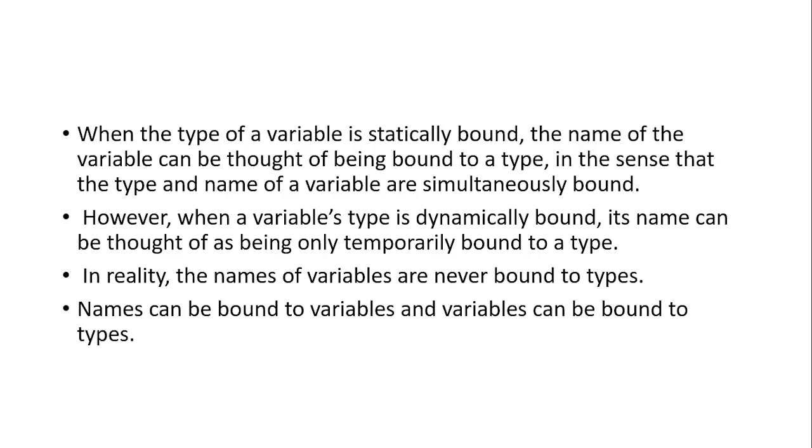However, when a variable's type is dynamically bound, its name can be thought of as being only temporarily bound to a type. In reality, the names of variables are never bound to types. Names can be bound to variables, and variables can be bound to types.